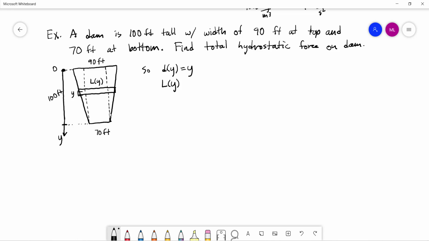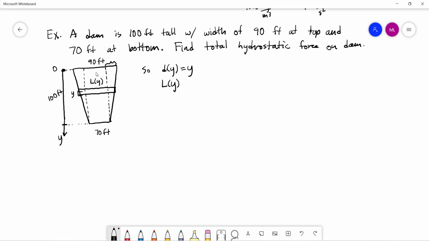We have a central portion that is uniformly 70 feet across. And then we have this triangular portion that we're going to have to add, with a depth that's proportional. We can use similar triangles to figure this part out. So what is this distance right here?